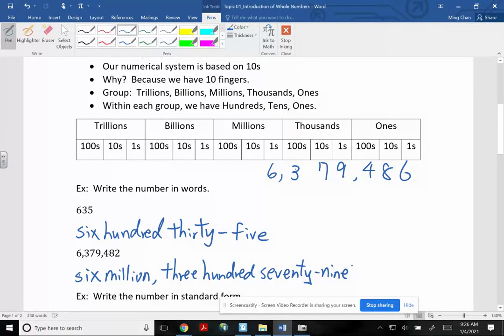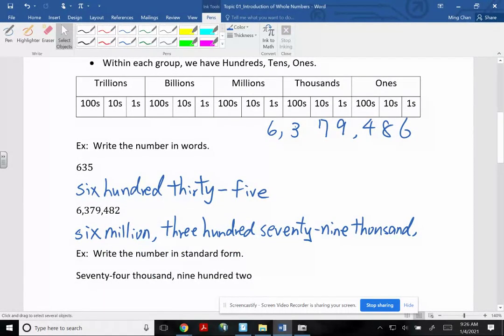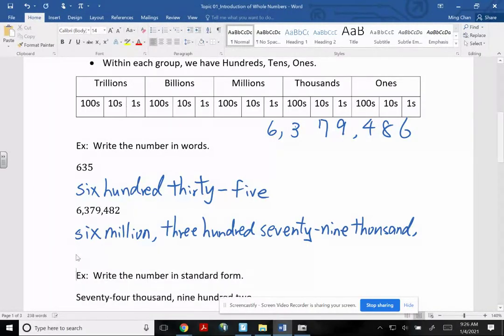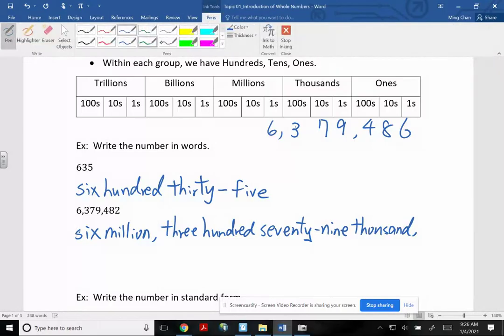Then we write our group name. You always write a group name right before you put a comma down. Thousand, comma, then 482, eighty-six.